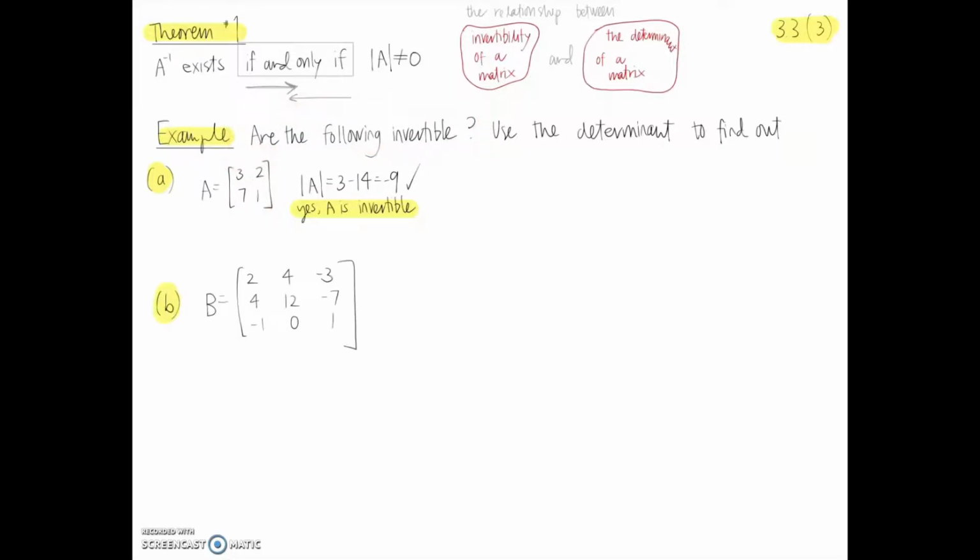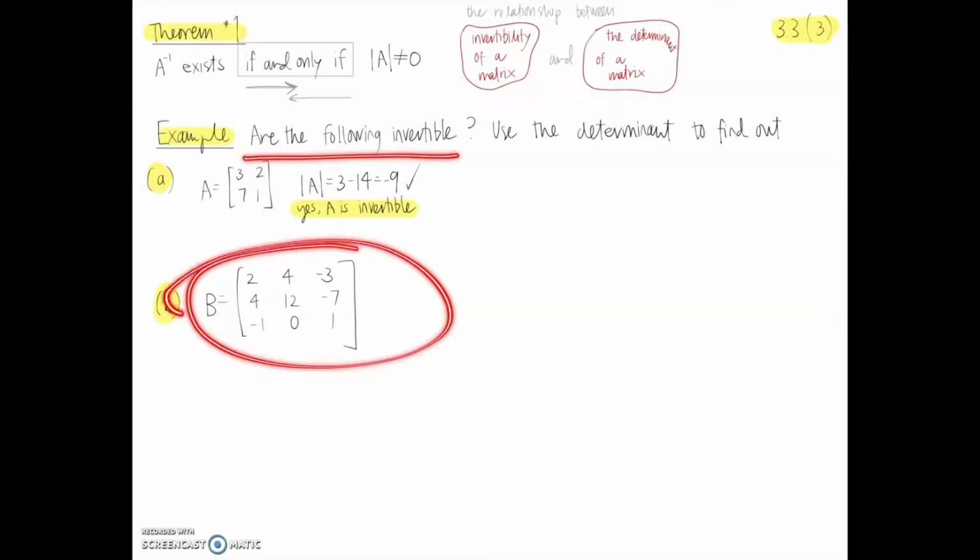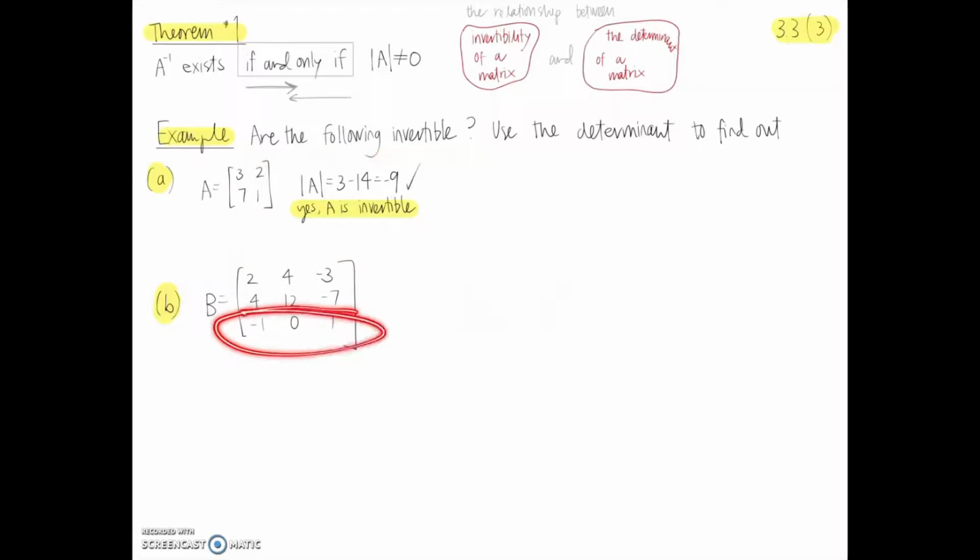So we'll ask the same question about this matrix. Is this invertible? And we'll use the determinant to decide whether this matrix has an inverse or not. Probably do cofactor expansion along the bottom row here. So determinant of B is going to be negative 1 times, let's see, negative 28 plus 36. And then we have this 0 here. It doesn't matter. So let's see, this plus minus plus minus plus. And the other part of that expansion is plus 1 times 2 times 12 is 24.